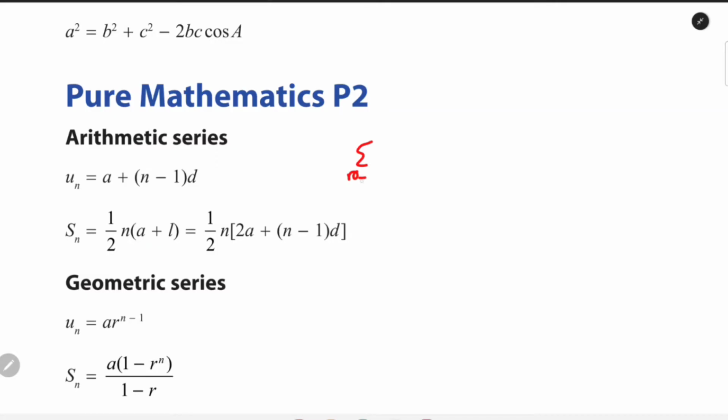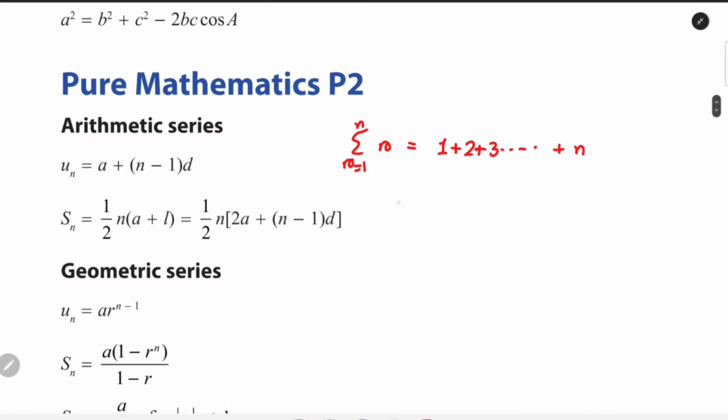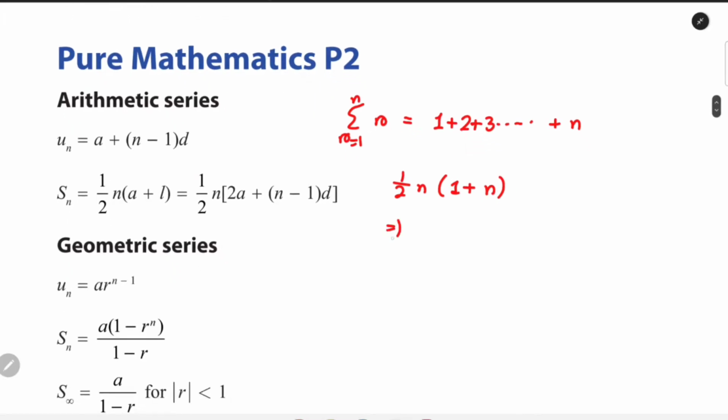So for the summation of r from 1 to n, the first term is 1, and we go on up to the last term, which is n. We can put in half n times (a, which is 1, plus l, the last term, which is n). So we have half n times (n plus 1).